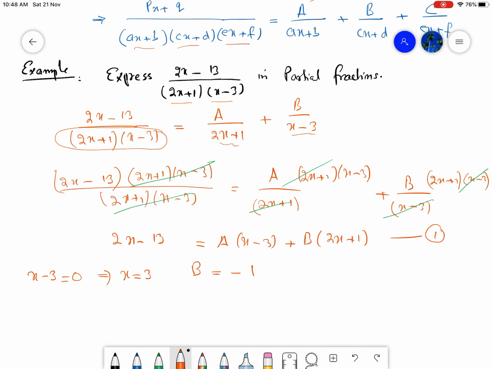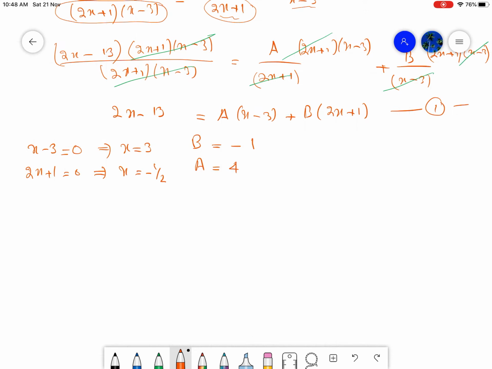Now the other denominator is 2x plus 1. Let's say 2x plus 1 is equal to 0, which gives x is equal to minus 1 over 2. Inserting this value of x in equation 1, you will get the value of the other variable A, which gives an answer equal to 4.